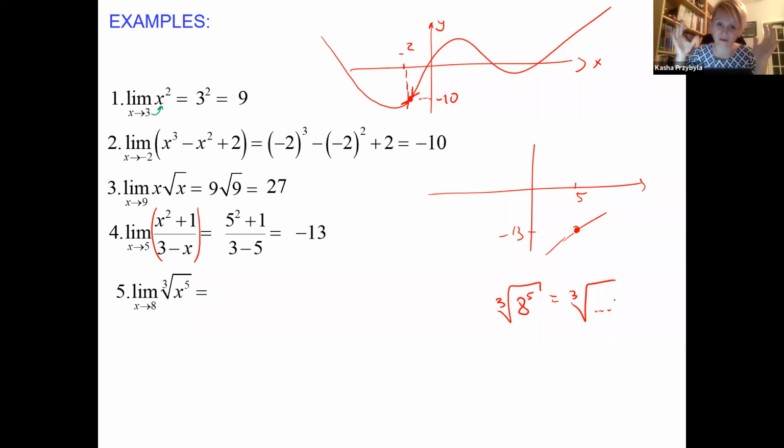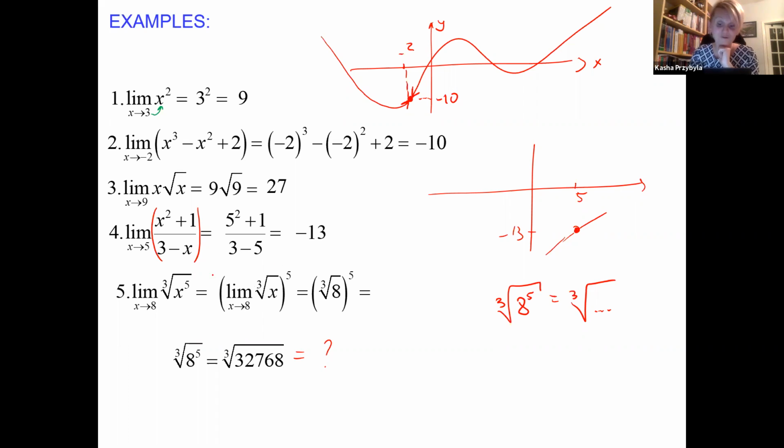That's a huge number. But we can take this power outside. That's the property of exponents.